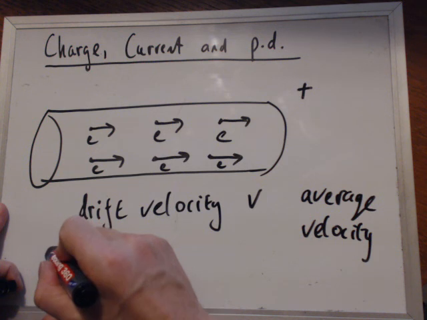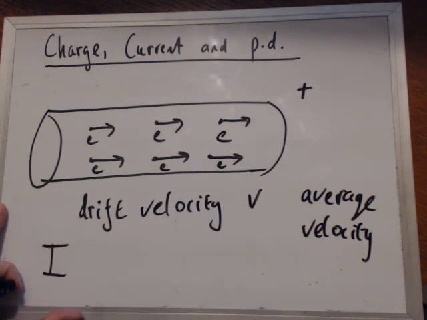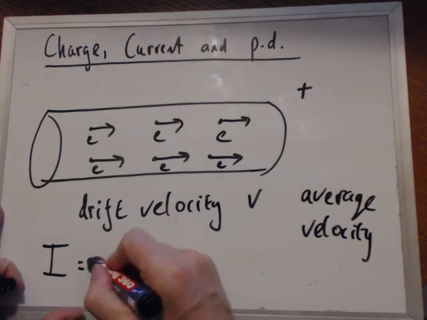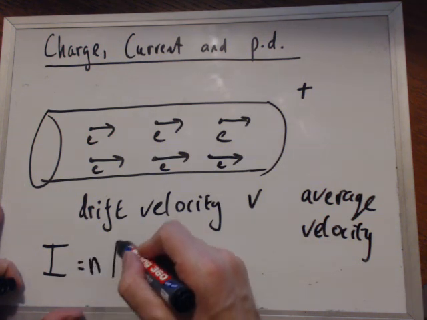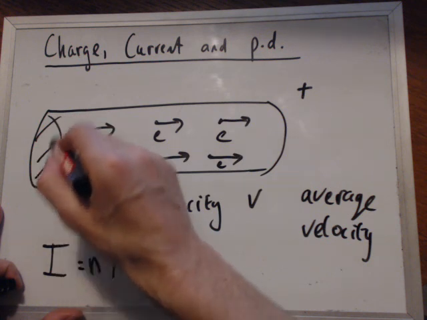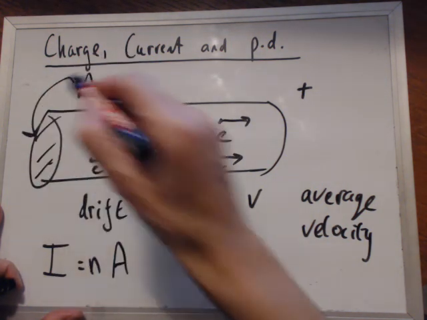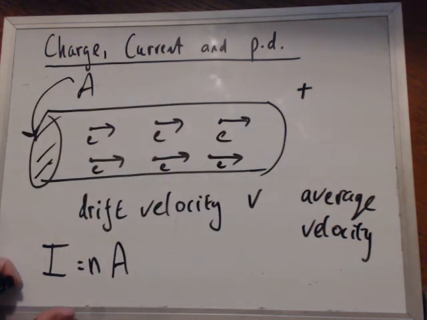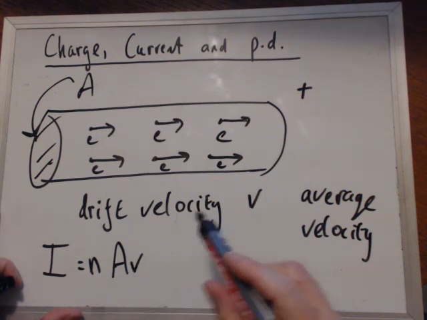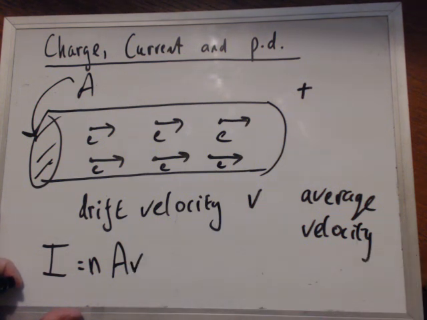The equation is: the current is equal to the number of charge carriers n multiplied by the cross-sectional area A multiplied by the drift velocity v, the average velocity they're travelling, multiplied by the charge carrier.